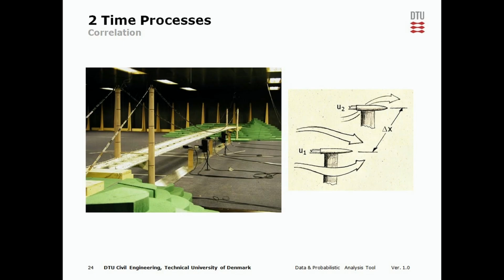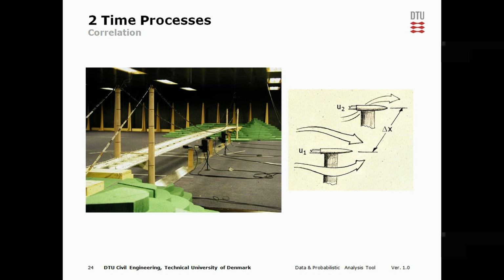In the next script, we are looking at the correlation between two time histories. For example, the correlation is relevant if we look at a suspension bridge or a long bridge, and we need the information whether the loading, and especially the variation of the loading on the bridge deck or pylon or whatever, is the same or similar over a certain distance.